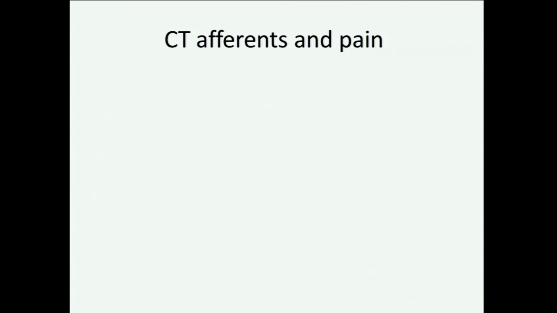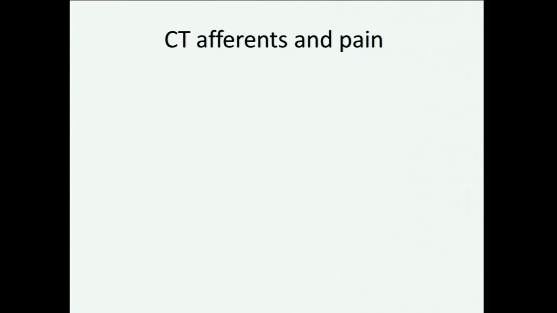So now I'm going to switch and talk about CT afferents and pain. The CT afferents and pain system seems to have similar anatomical pathways. They probably project in the lateral spinothalamic tract and insula and beyond.